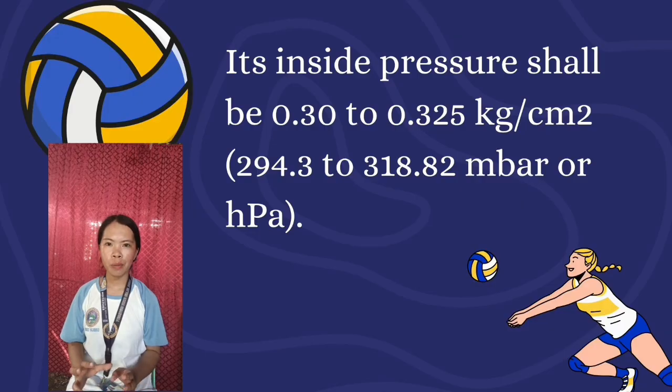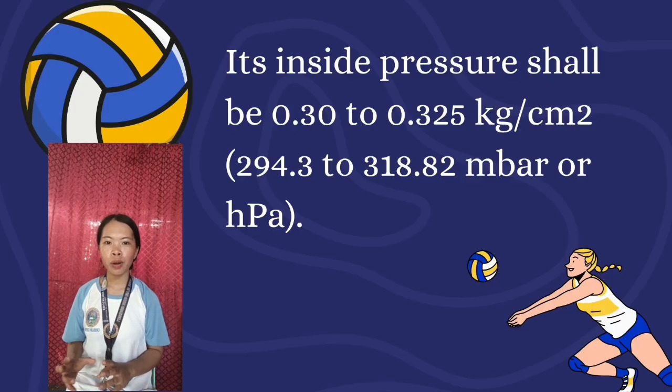So kinahanglan jud nga ang bula is sakto jud ang hangin nga naa sa yang sulod, dili pwede nga kuwang hangin ug dili pud pwede nga sobra ang lapod sa hangin. If the air is too little, the ball will be soft. If the air is too much, the ball will bounce too hard. So the given range makes the ball good to use in games. So kung tarong ang hangin sa usa ka bula, dili jud maglisod ang mga players sa pagsagang or pagtira sa bola.